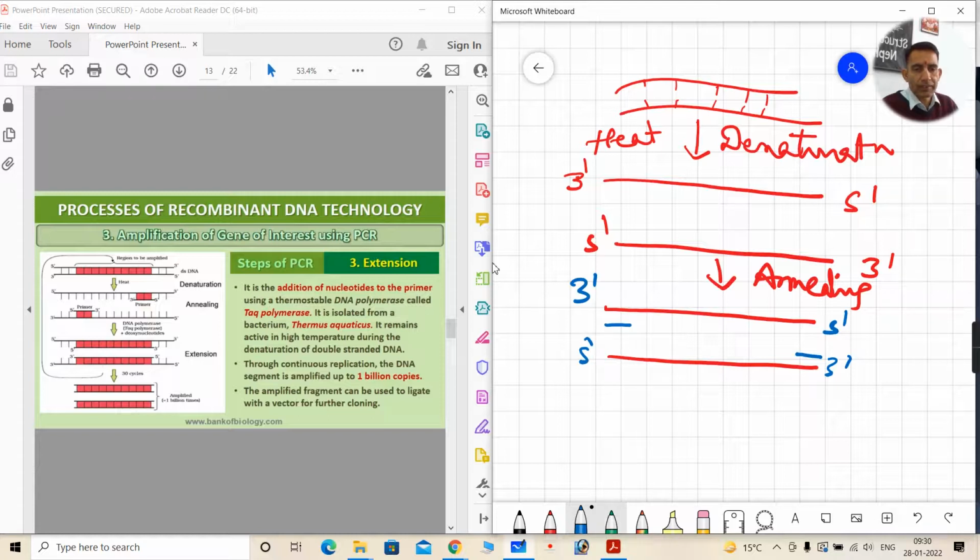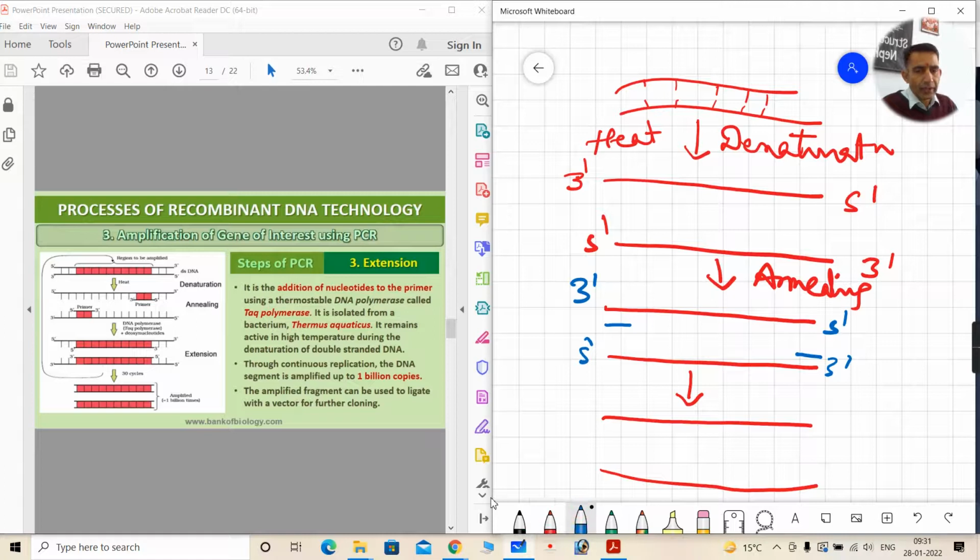Okay, the next step is what? We are adding the nucleotides and this Taq polymerase, and one by one this template strand will be copied and new DNA segments are made.